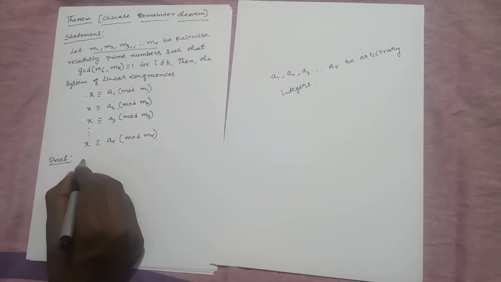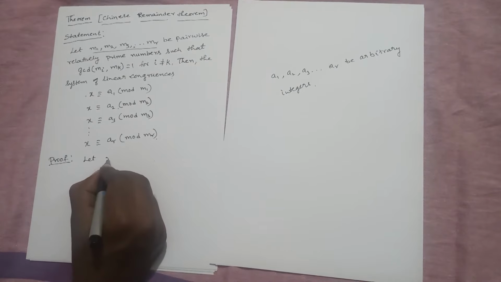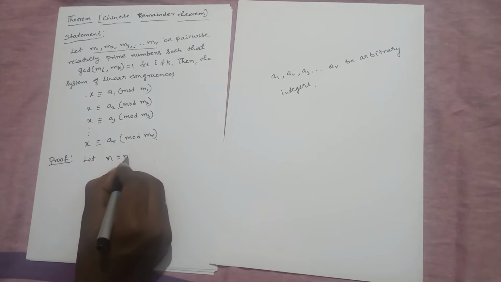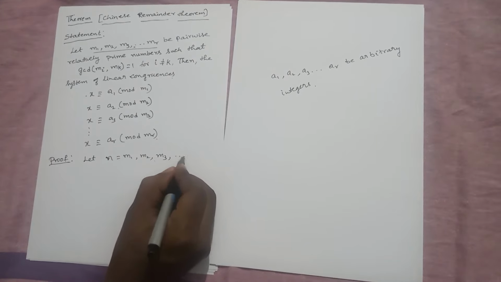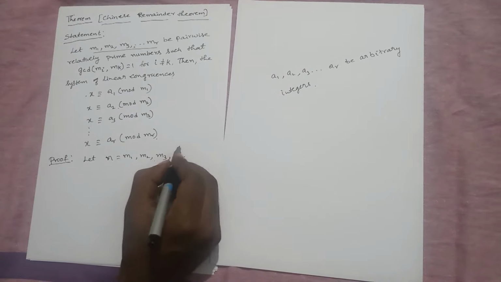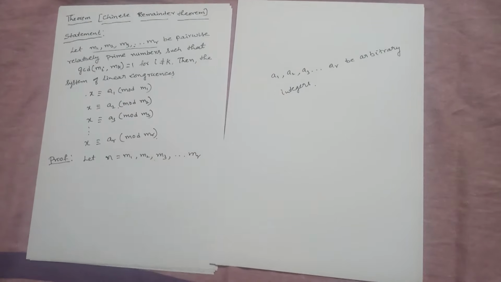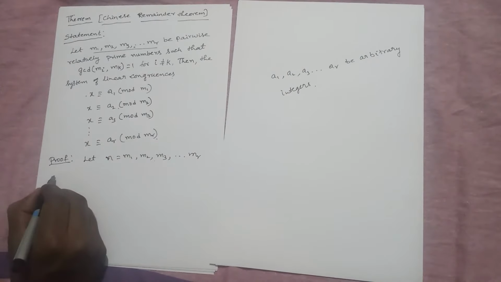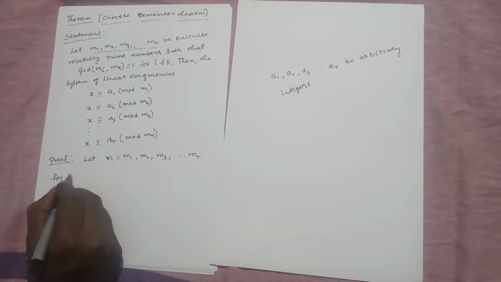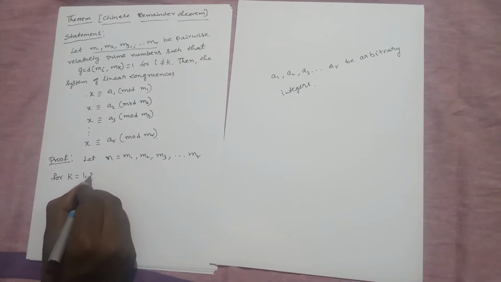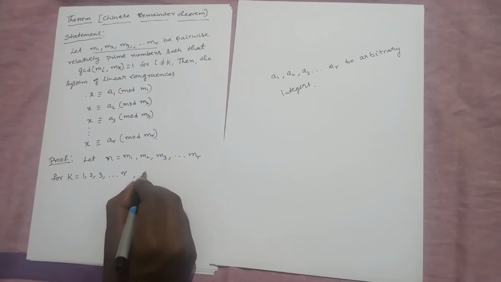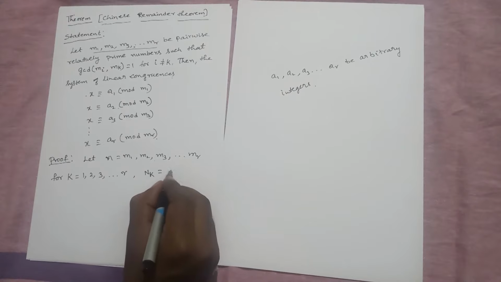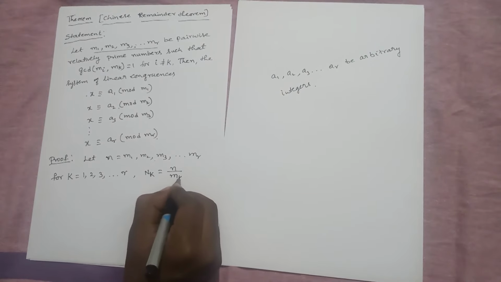So let n equal m1 m2 m3 and so on up to mr. Next line: for k equals 1, 2, 3 up to r, I take nk. Here nk equals n divided by mk.